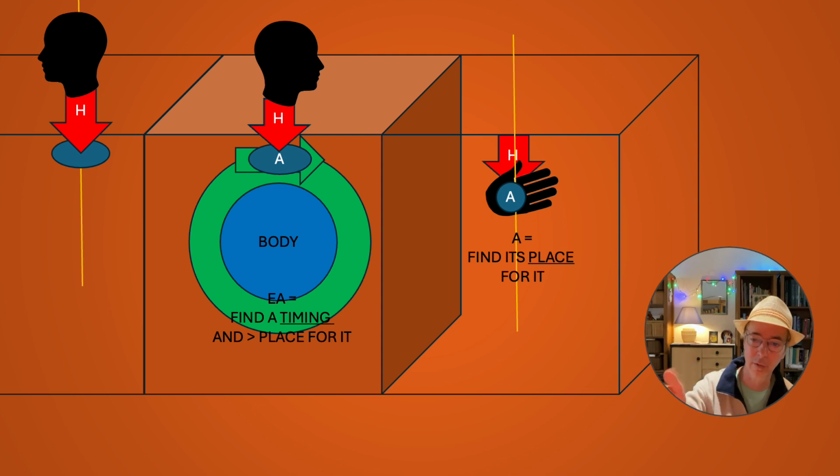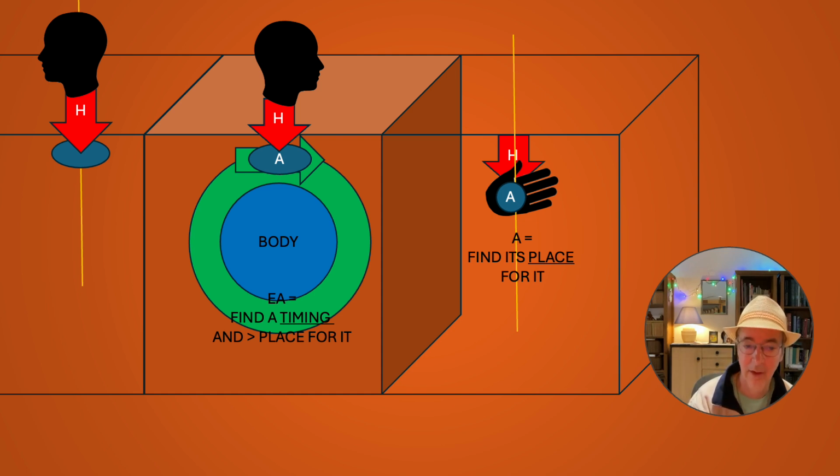Hand is not so well associated with needing a time frame for it. Of course, to give a hand is within a time frame, that's correct, but the hand on its own functions just at a certain place where we need it. The head is not just at a certain place, but it's also within a certain timing frame.